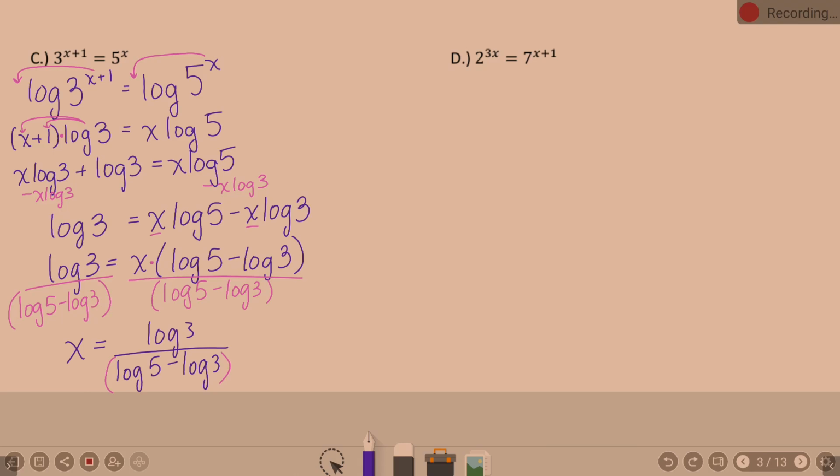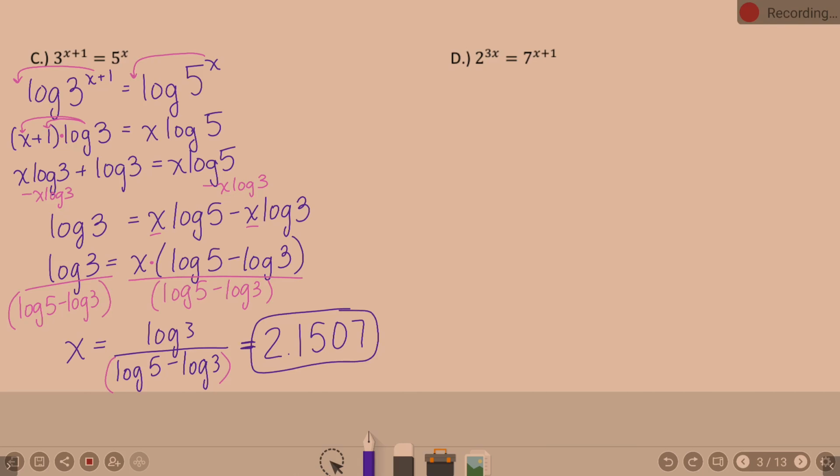Did you get my answer? That means you entered it right on the calculator. So 2.1506, but the 6 is going to round up to 2.1507. Am I right in saying that? Okay.